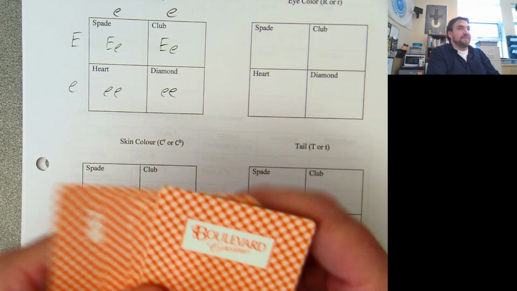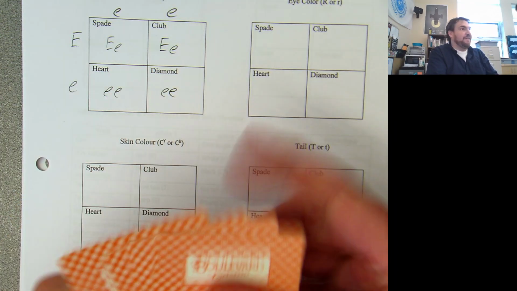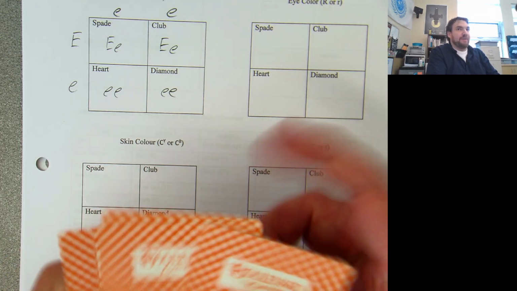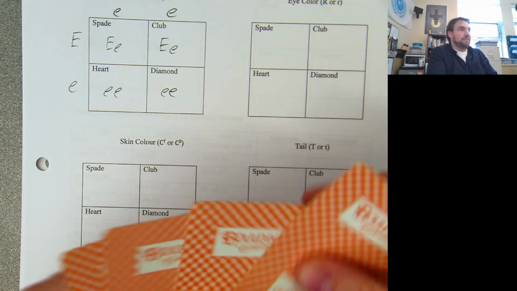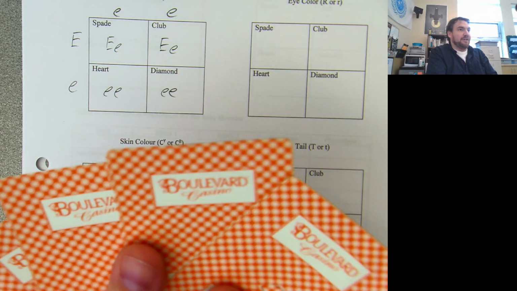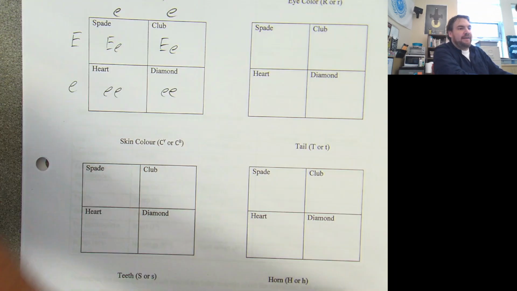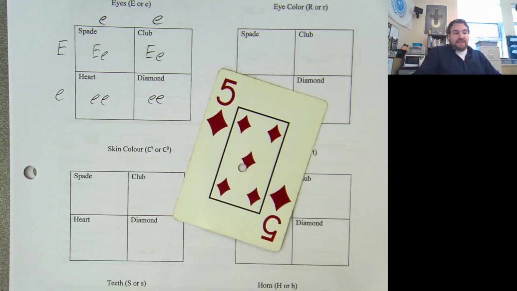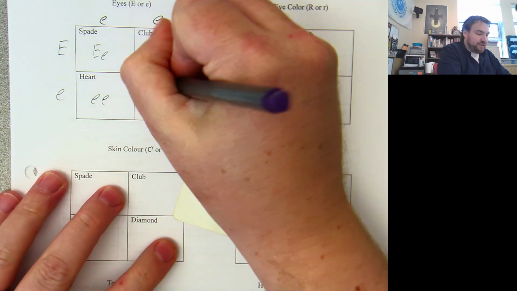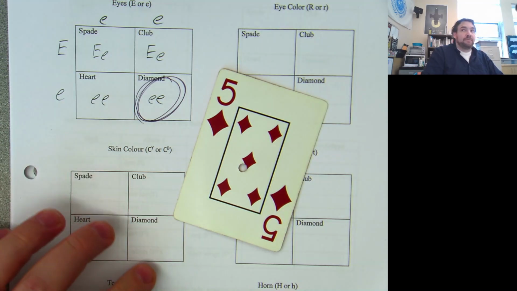What you're going to do is put them face down, shuffle them up randomly, and then someone's going to pull a card. Penny, would you mind turning around and pulling a card? Pick a card, any card. You drew a diamond, which means the offspring is going to be this one down here.